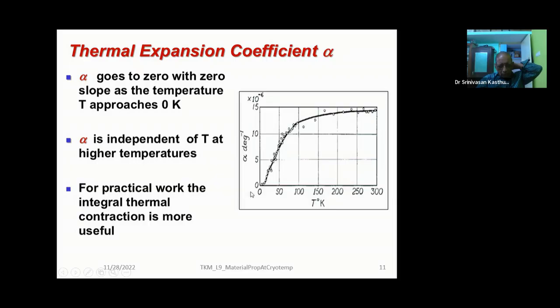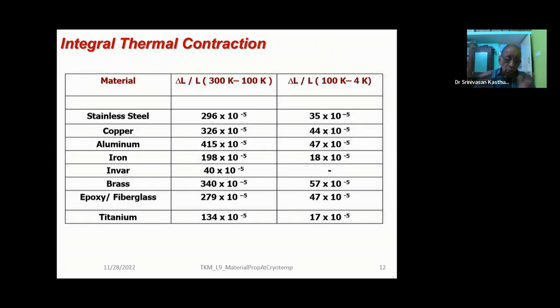Alpha is independent of temperature at high temperatures, whereas at low temperature alpha is nearly constant and has almost zero slope when it reaches 0 Kelvin, right? So for practical work, the integral thermal expansion is more useful, that is, how much it is over a particular range.